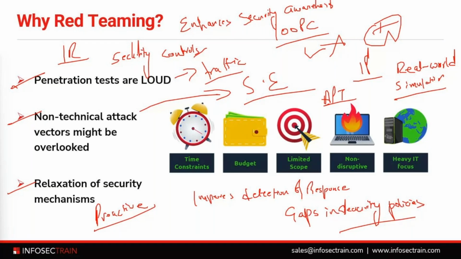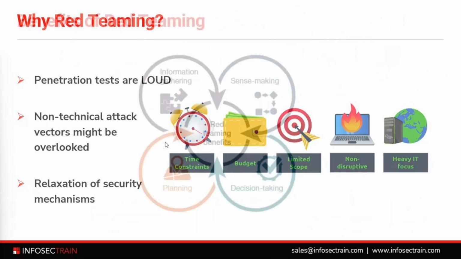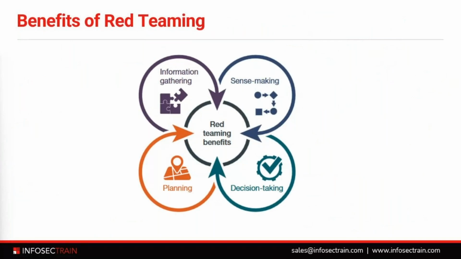Now, when we are talking about red teaming, what can be the benefits? Red teaming can be applied to and provide benefits for a range of information processing and decision making tasks, right?